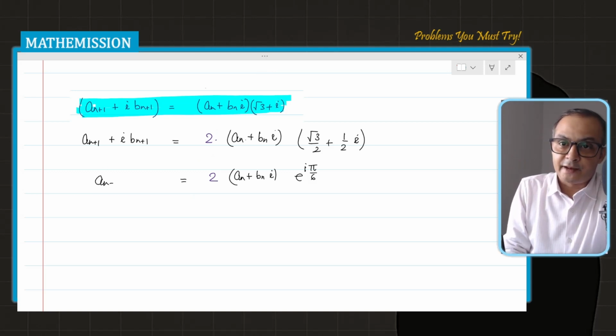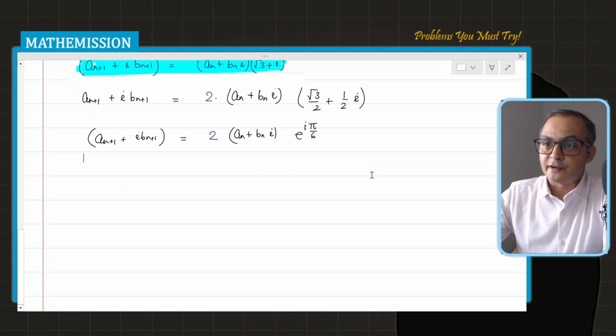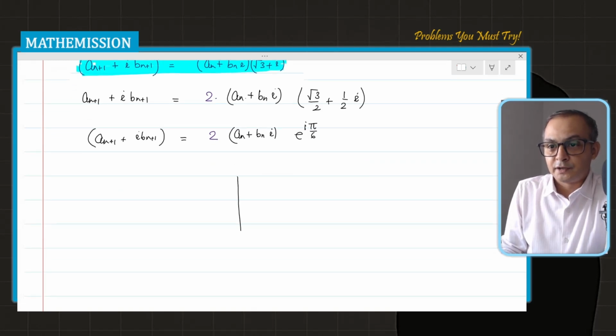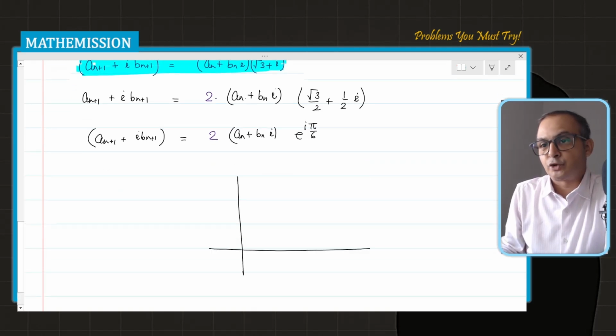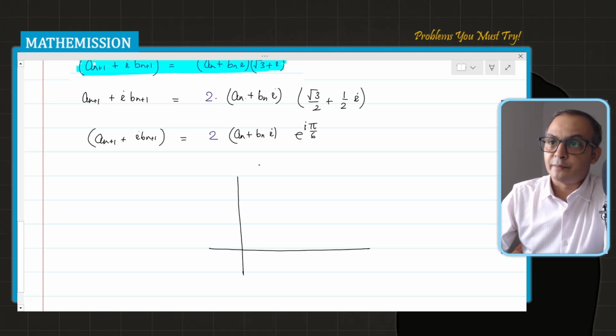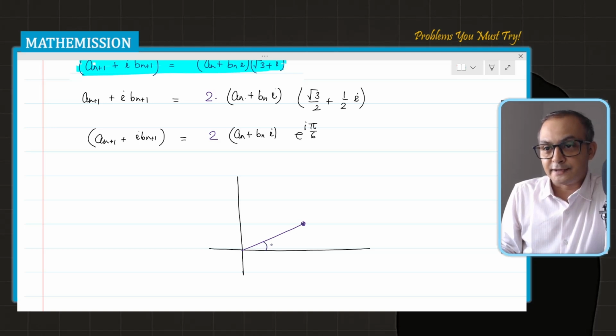I have this a_(n+1) plus i b_(n+1), and let's understand it graphically. Somewhere, I don't know where a1 and b1 lie, so let us take this somewhere here, and I don't care what angle it has. Let's say this is theta. So this is the ordered pair a1, b1, that is a complex number z1.